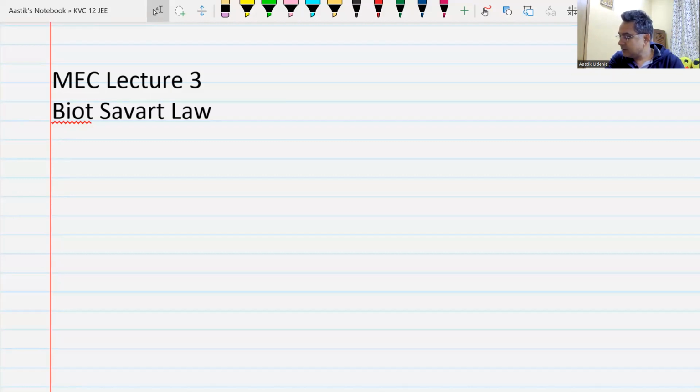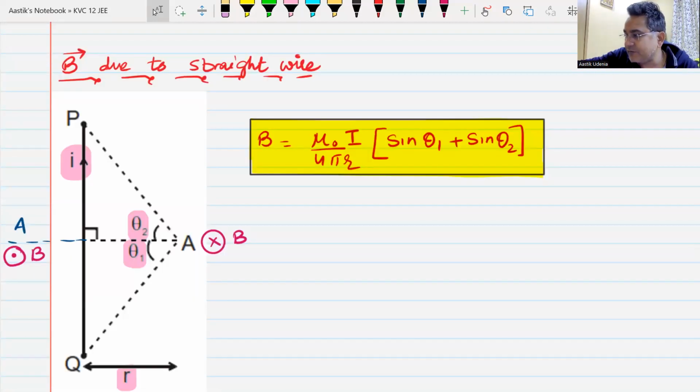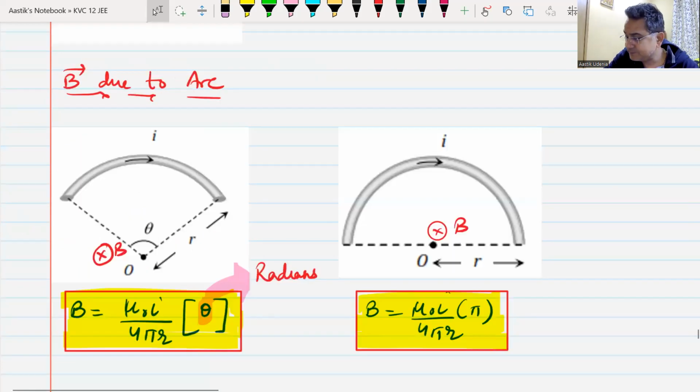We had done general straight wire, and from there we had derived the equation for different types of combination, and I had given you a sheet where I had asked you to solve the questions. Have you tried those questions? Did you get that sheet?